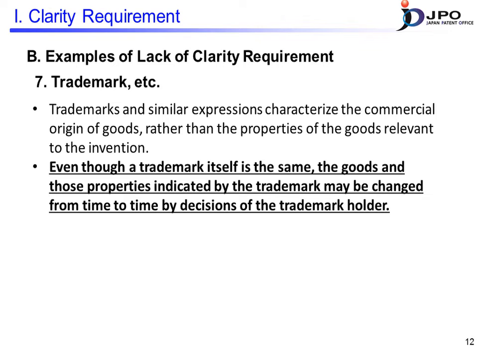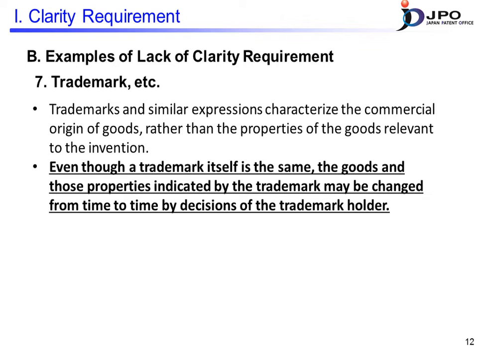The seventh type of violation is the use of trademarks or similar expressions. Trademarks or similar expressions characterize the commercial origin of goods, rather than the properties of the goods relevant to the invention. A trademark holder may change the ingredients or mechanical structure of goods, to which the trademark is attached.